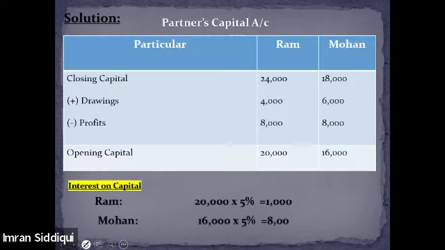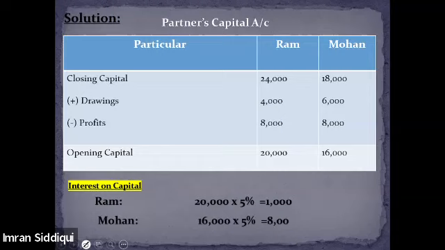And the formula is very simple. First of all, we'll take the value of the closing capital and add the amount of drawings made by the partners, and then we will subtract the amount of profit that they have earned in the partnership. By subtracting it, we get the opening capital balance of the partner.